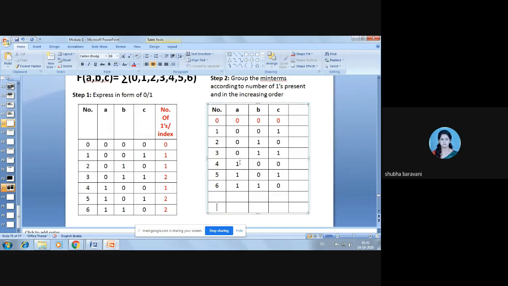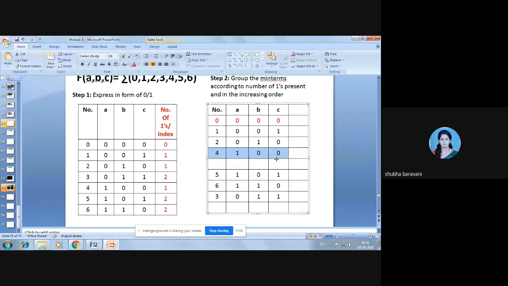Now, see, 1 has how many ones? 1. 2 also has only 1. Now 3 has 2 ones, so I will not write 3 here. 4 has 1 one, so I'll write 4 here.